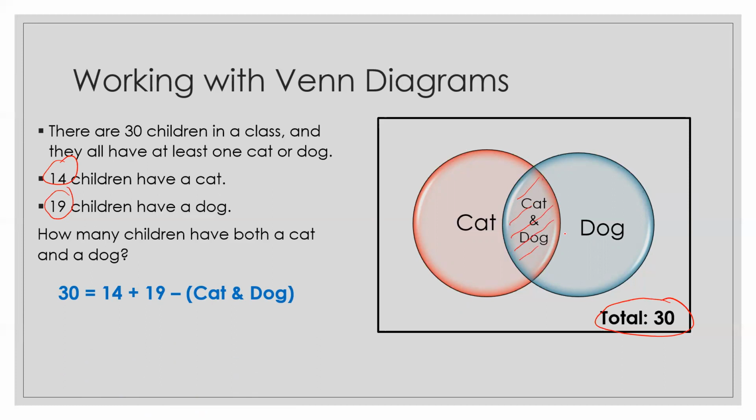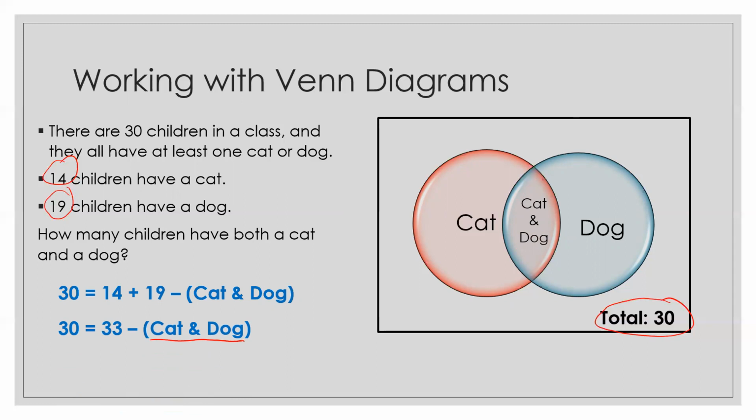So we have to subtract out that part. Okay, so the total would be 14 plus 19 minus the overlapping part that we have counted twice. Okay, do some math here. 14 plus 19 is 33 minus the overlapping part here.